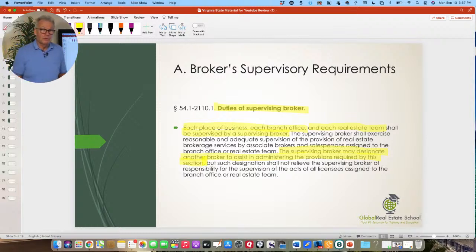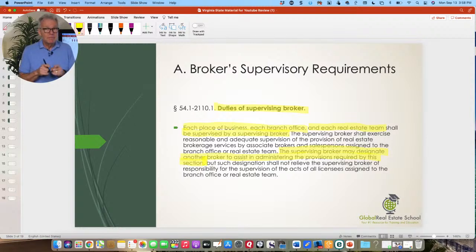In other words, if I had a real estate organization and I wanted to open a branch office, naturally, I could be the supervising broker over the main office, but I could put someone else in charge and designate someone to actually be a supervising broker or a branch manager for that specific location.